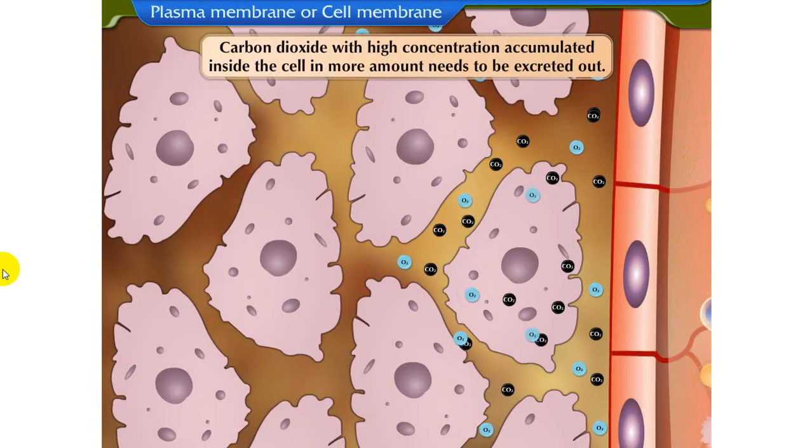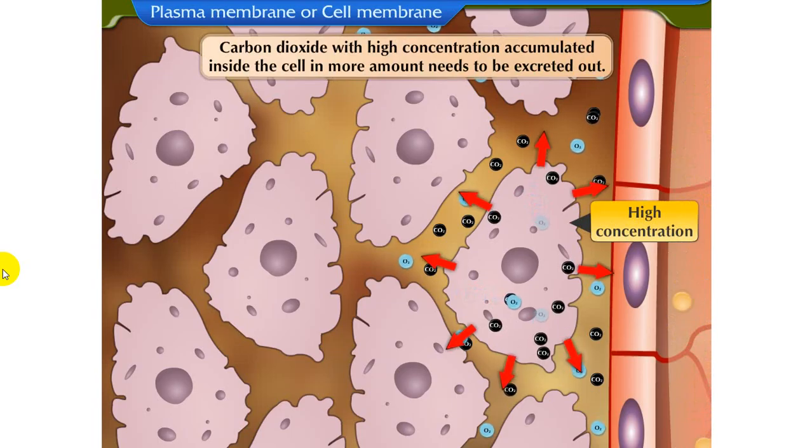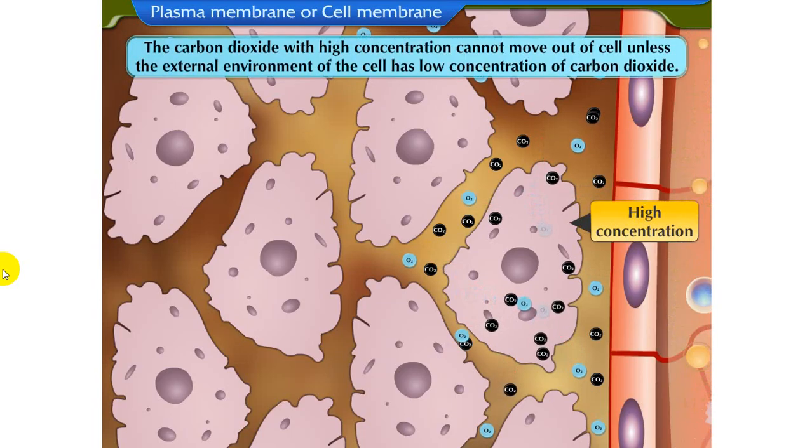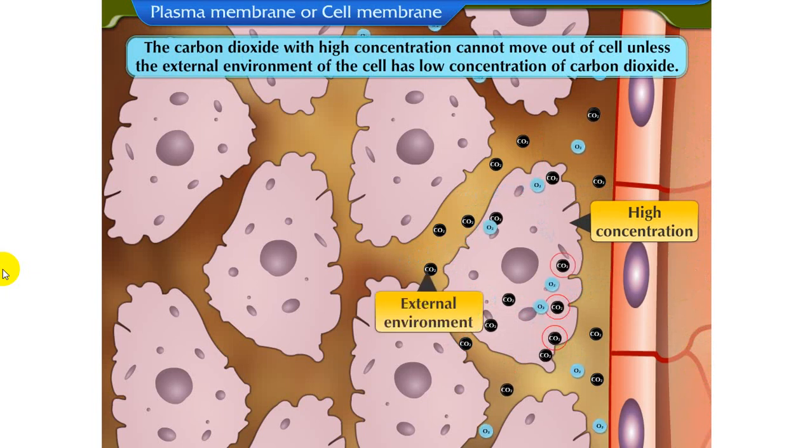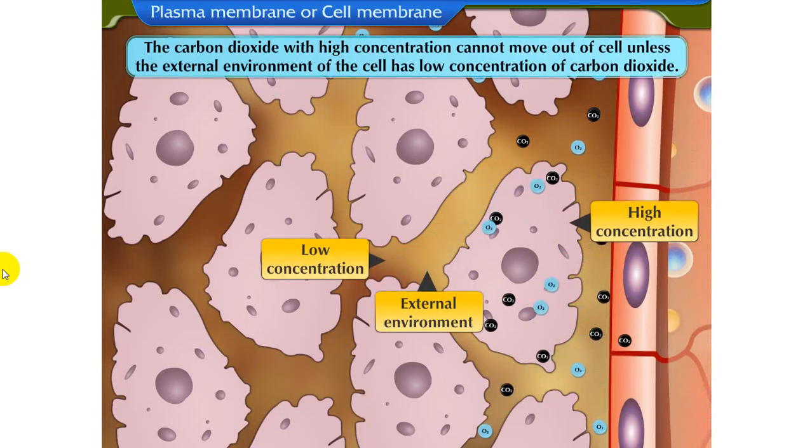When carbon dioxide with high concentration accumulates inside the cell in more amount, it needs to be excreted out. The carbon dioxide with high concentration cannot move out of the cell unless the external environment of the cell has a low concentration of carbon dioxide.